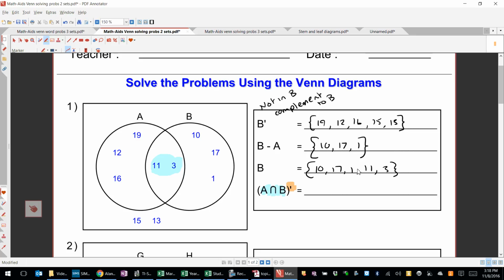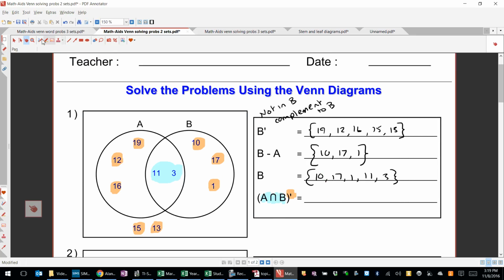Be very careful in an exam that you don't miss that symbol. So then we've got anything that's not those two, so all of these numbers, including the ones not in the circles, need to be considered. So 19, 12, 16, 15, 13, 1, 17, and 10.